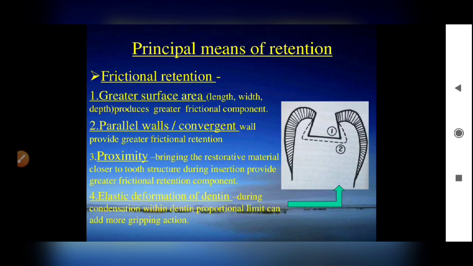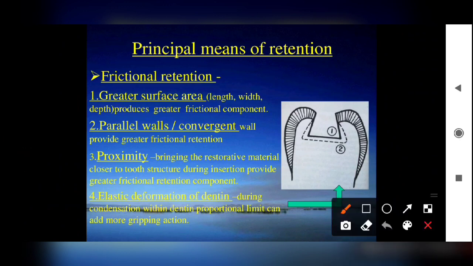So what are the features of the cavity to retain the material? That is meant by the primary retention. It should have greater length, width and depth so that it has a greater surface area. It should have convergent walls; you can see here they are converging toward each other.